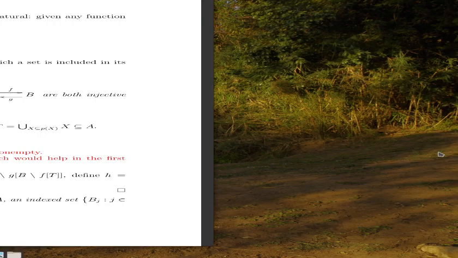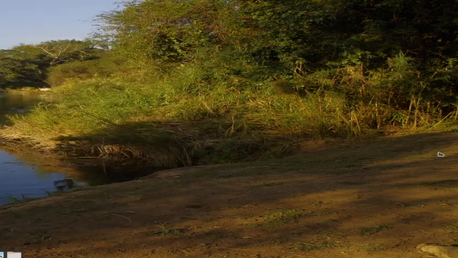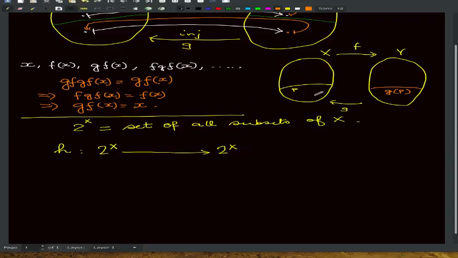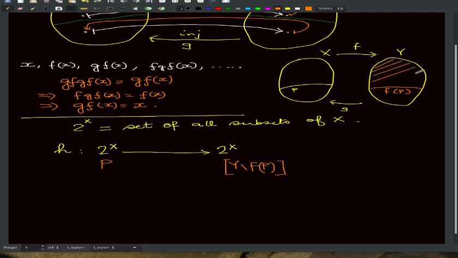Now just look at what I do. I'm sorry, this is F of P. So I first take P, look into Y minus F of P, which is this part, and look at its image here.